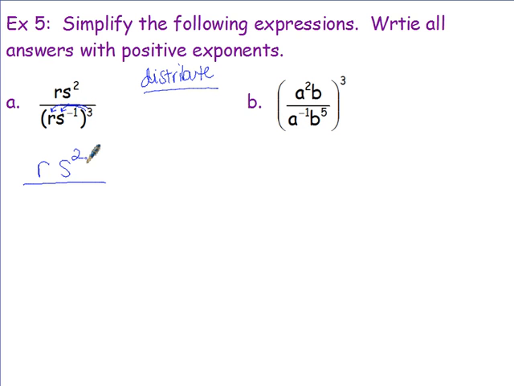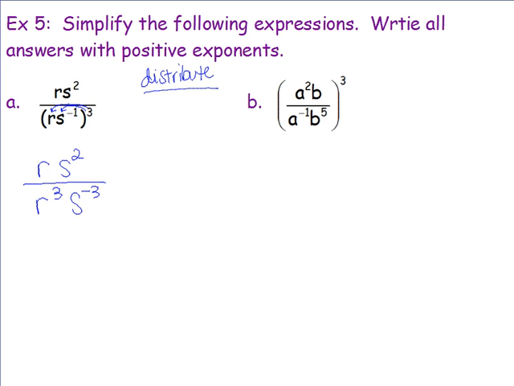On the bottom, the 3 gets distributed to the R, and it becomes R to the power of 3. Then, for the S on the bottom, 3 distributing to the S, 3 times -1 is -3. So yes, it's okay to only distribute on the bottom. Pay attention to where your parentheses are.